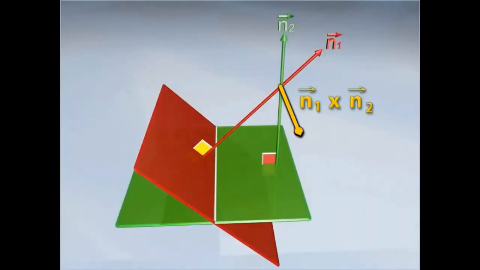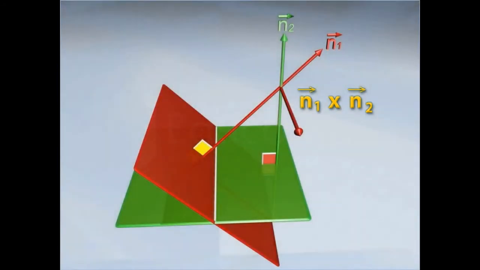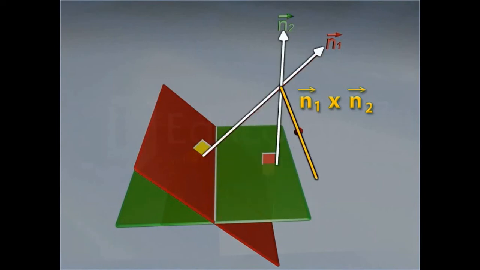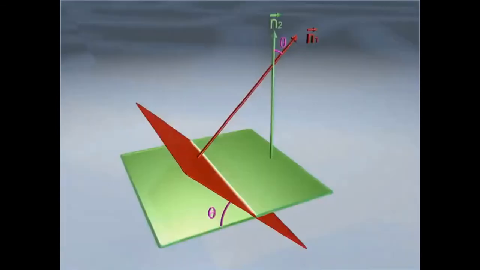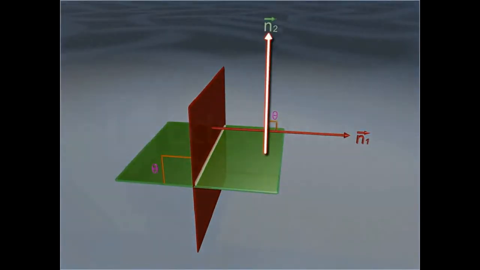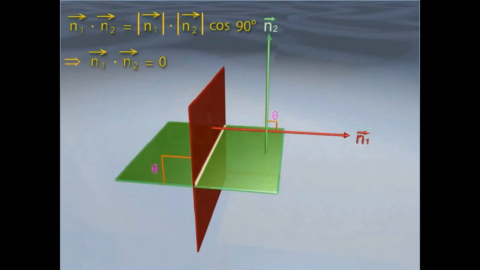The vector n1 cross vector n2 is parallel to the line of intersection of the two planes. That is, the line of intersection of the planes is always perpendicular to both the normals. If the normals n1 and n2 are perpendicular to each other, that means they are at a 90-degree angle, then their dot product is equal to 0 as cosine of 90 degrees is 0.